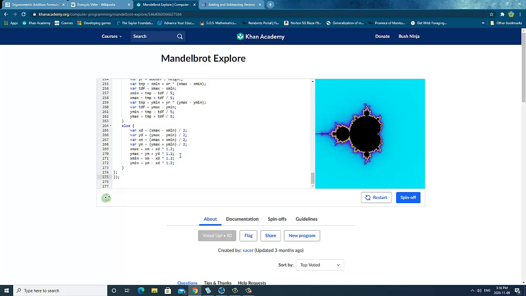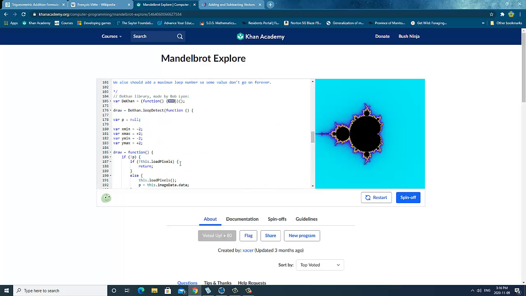You can delete a couple of these semicolons, and I think it worked fine on a regular web page, maybe. I don't know. Anyways, let's forget about that.